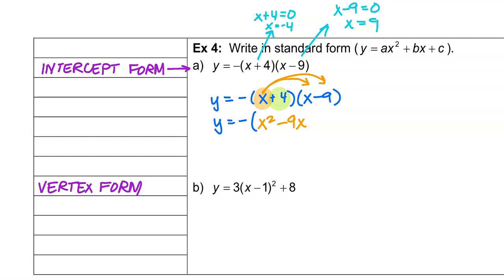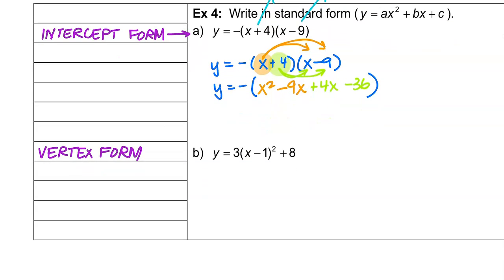Then I'm going to distribute that plus 4 through. Plus 4 times x is plus 4x. Plus 4 times minus 9 is minus 36. So I do have a couple of like terms here that need to be combined.